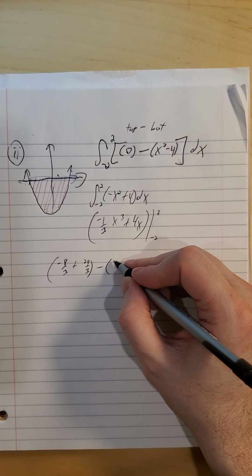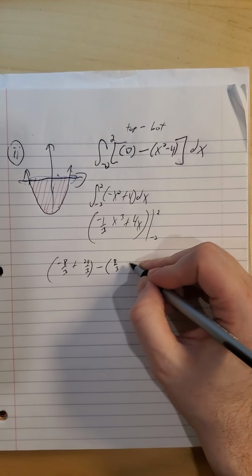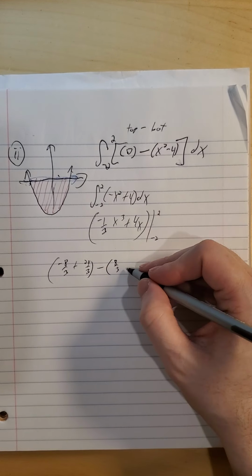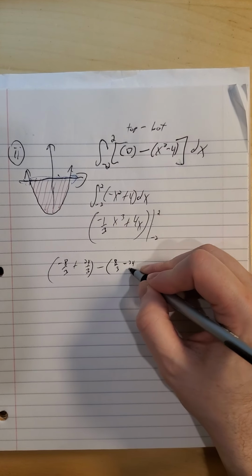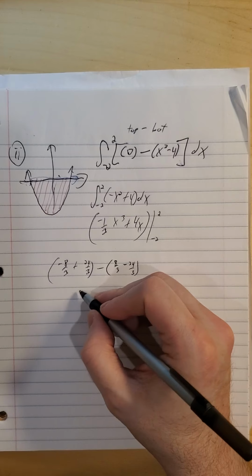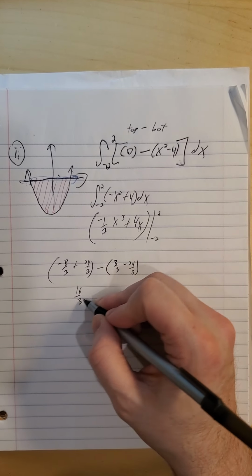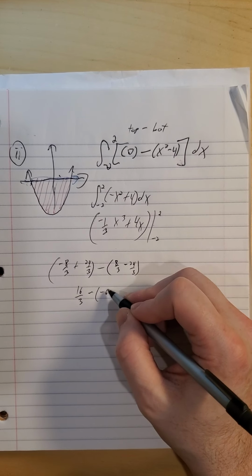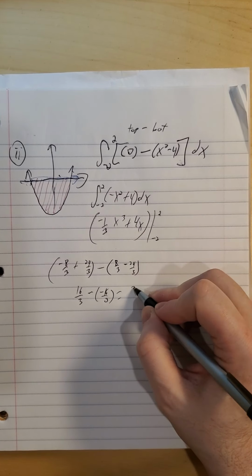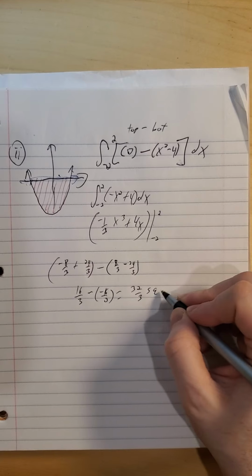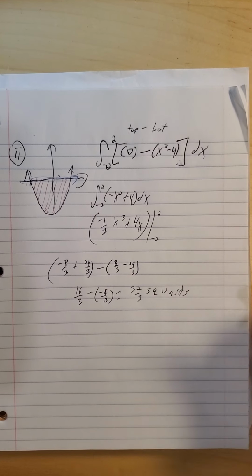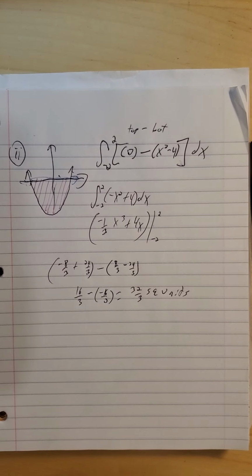Negative times negative kicks us over to a positive. And 4 times -2 is -8, or -24/3. So then this is 16/3 minus a -16/3. So 32/3 square units. Or 10 2/3 square units.